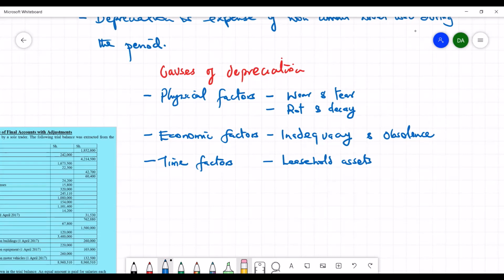For example, if an organization is leasing a building and they have paid a lump sum for the building, let's say for 20 years, as the years pass by, the value that they have in that building keeps on decreasing until it is fully used up and they have to return the asset back to the owner. So what makes them lose value in that asset is passage of time.